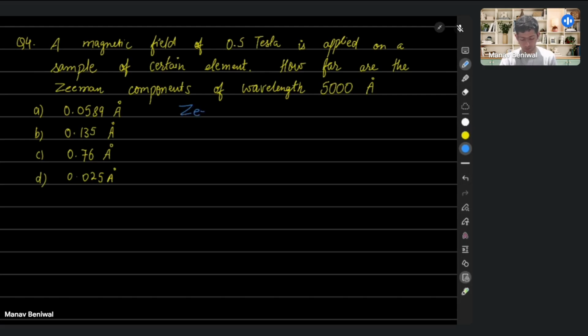This problem is all about Zeeman splitting, and a very similar problem we also solved in the last session.